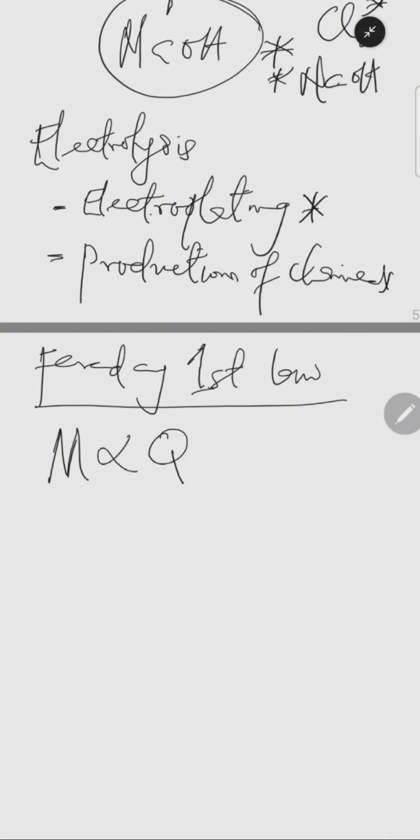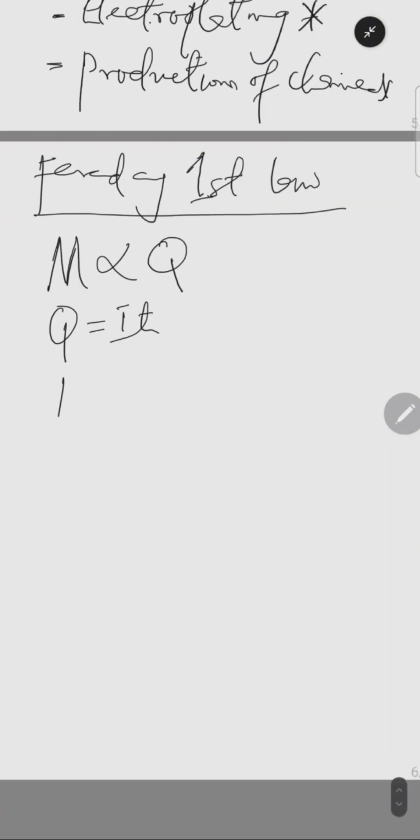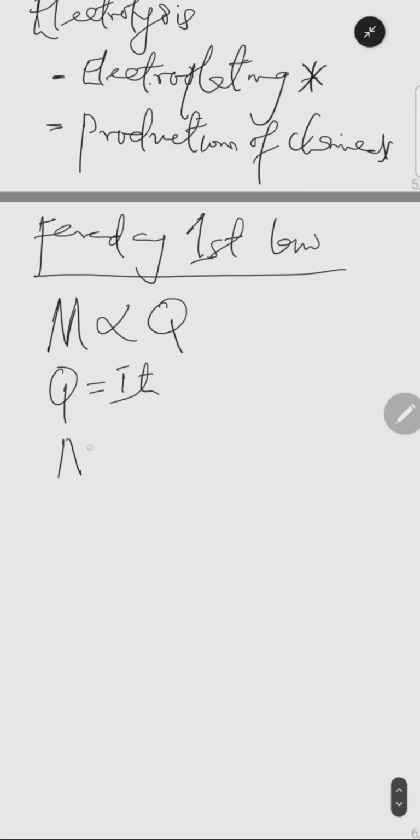That's mathematically. And we all know that for electric current, Q is equal to IT, where I is current and T is time. So removing this proportionality sign, we can say we have M equals ZIT, where Z is electrochemical equivalent.